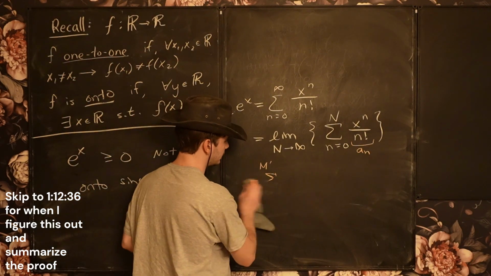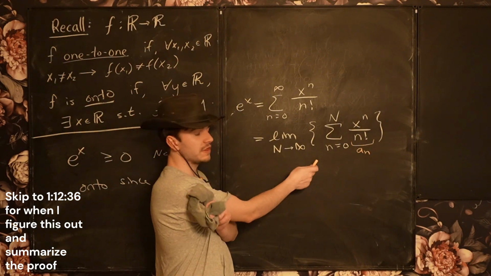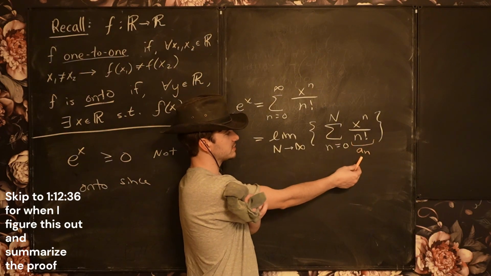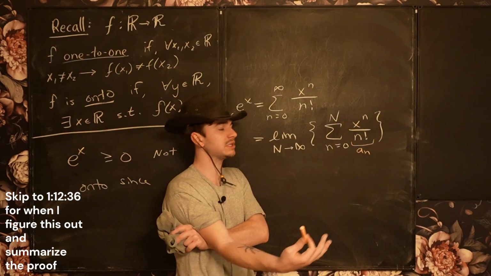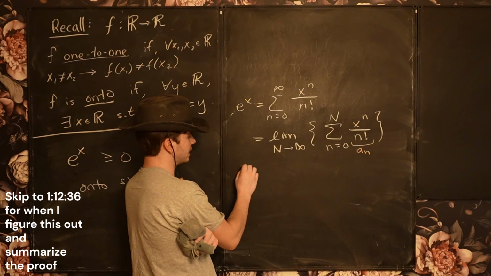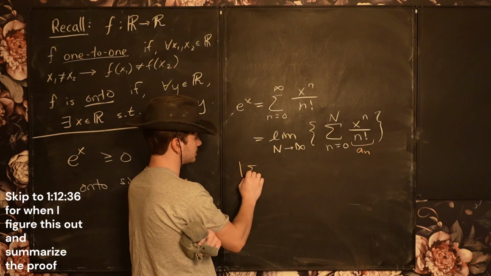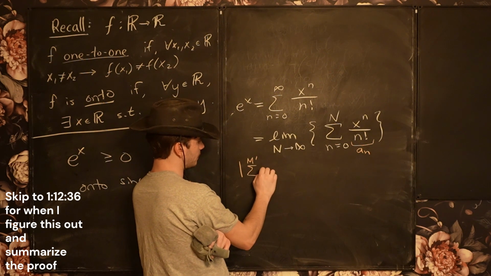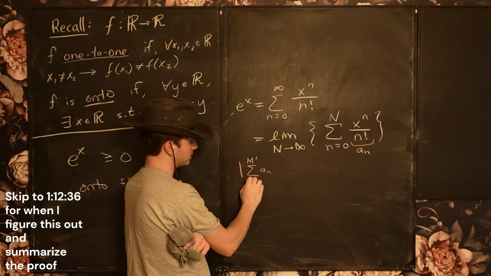So the idea to show that this limit exists is to show that the sequence is Cauchy, and if the sequence is Cauchy, since the real numbers are complete, then the sequence will be convergent.